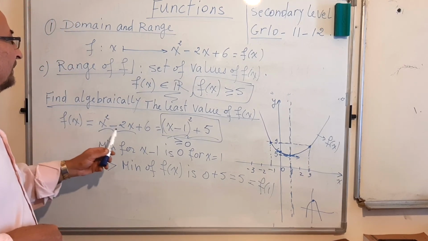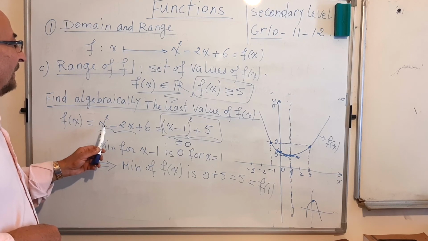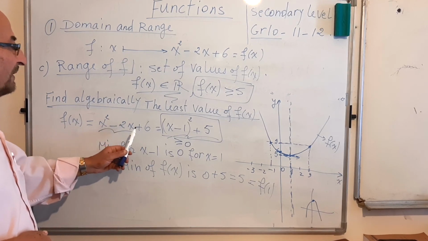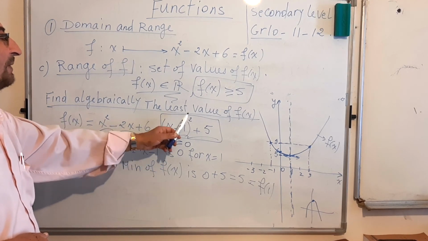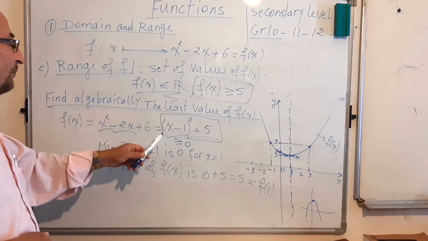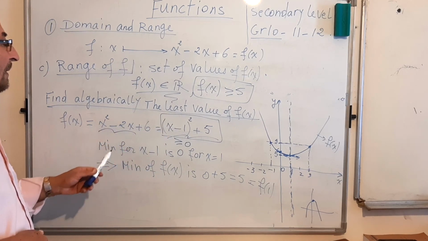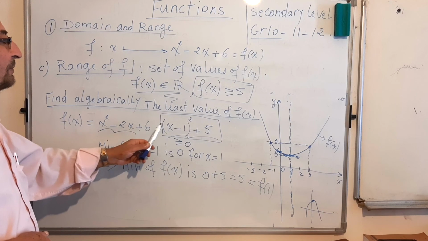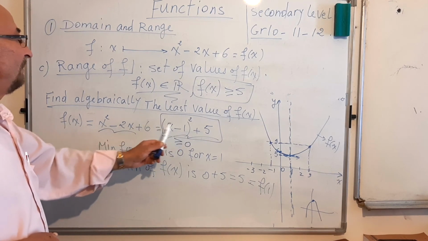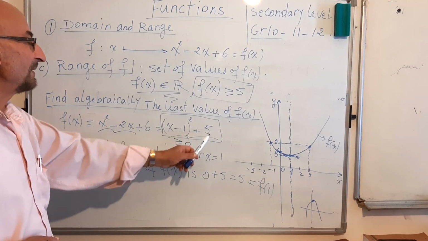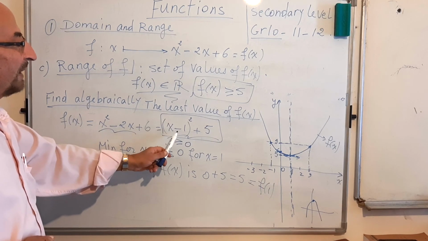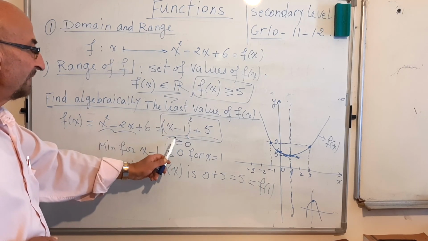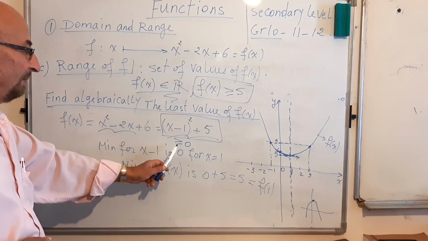We write x² minus 2x as (x minus 1) squared minus 1. So minus 1 plus 6 is plus 5. (x minus 1) squared is greater or equal to 0.